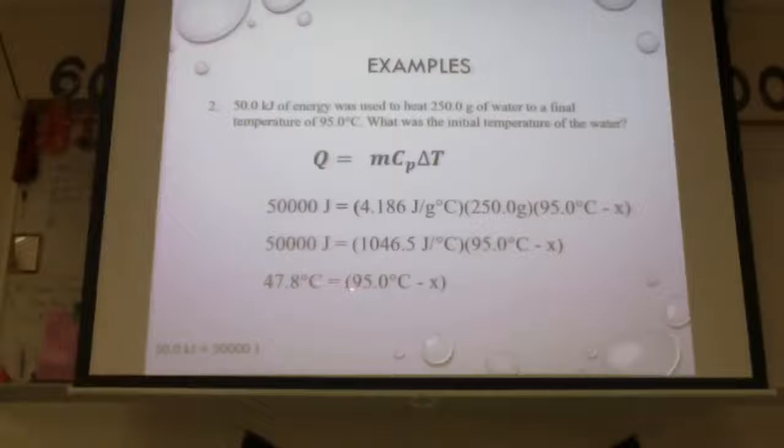You subtract 95 and then make the x positive. So that's one way to do it. The other way I'd say is think about it this way. Add x to both sides, so you move x over here, then subtract 47.8 from the 95. Or subtract the 95 from the 47.8 and multiply by -1. You get the same answer either way. It's 47.2 degrees Celsius.